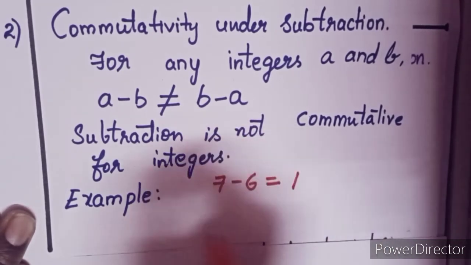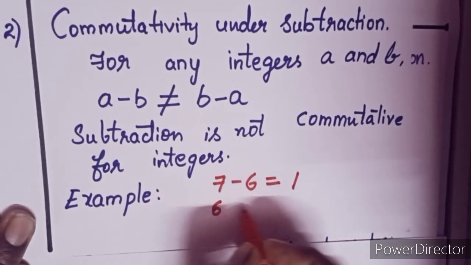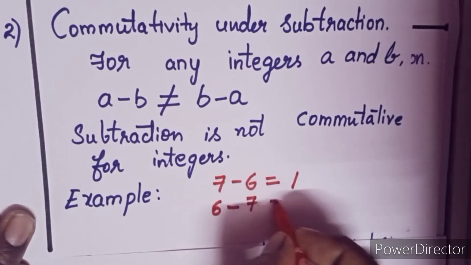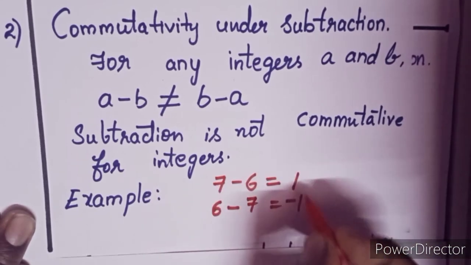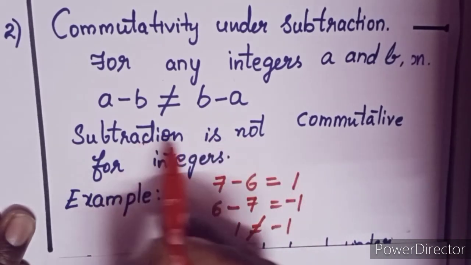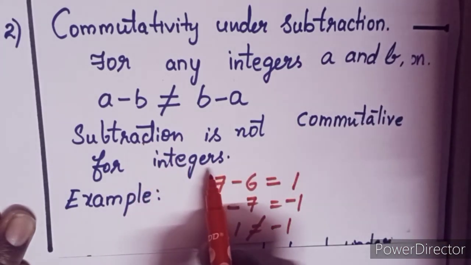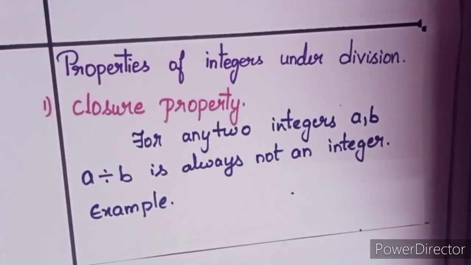LHS: 7 minus 6 is 1, children. B minus A, that is 6 minus 7, that is minus 1. So is 1 equal to minus 1? No. So subtraction is not commutative for integers. Understood, children?